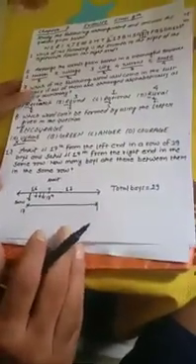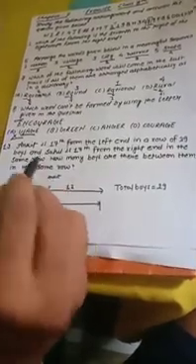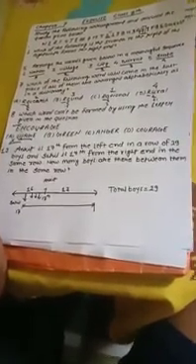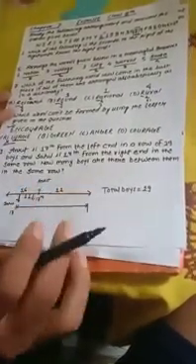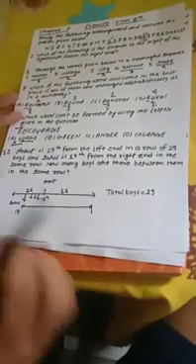Now come to the next question: Ankit is seventh from the left end of a row of 29 boys, and Sahil is 17th from the right end in the same row. How many boys are there in between them in the same row? First we check the number of all the boys, that is 29.